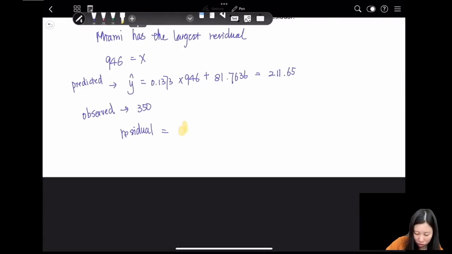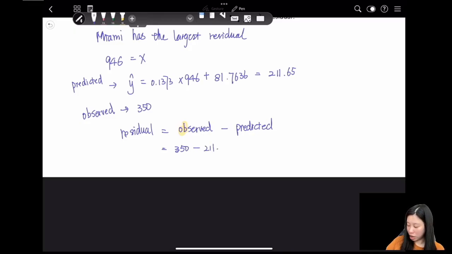Residual equals the observed value minus the predicted one. So now we need to identify which one is the observed one. The observed one is 350. Subtract the predicted one, which is 211.65. So the residual is $138.35. So this is the residual.